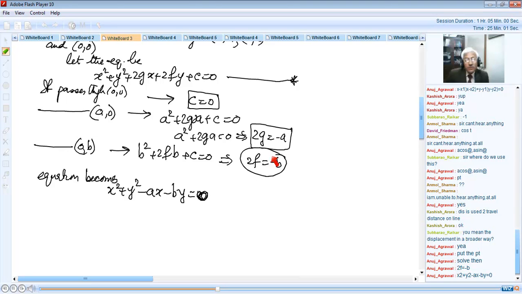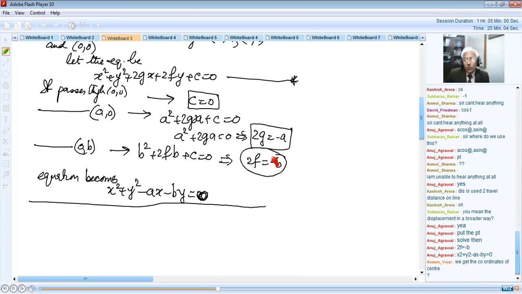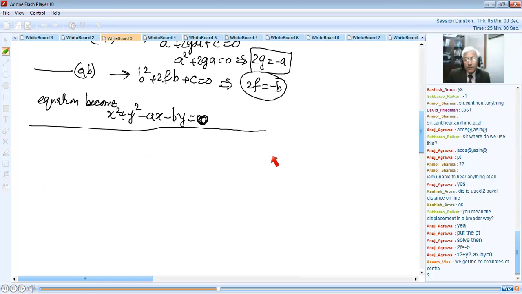Now, I must tell you here, we could have got this equation directly if you had a little bit of instinct.